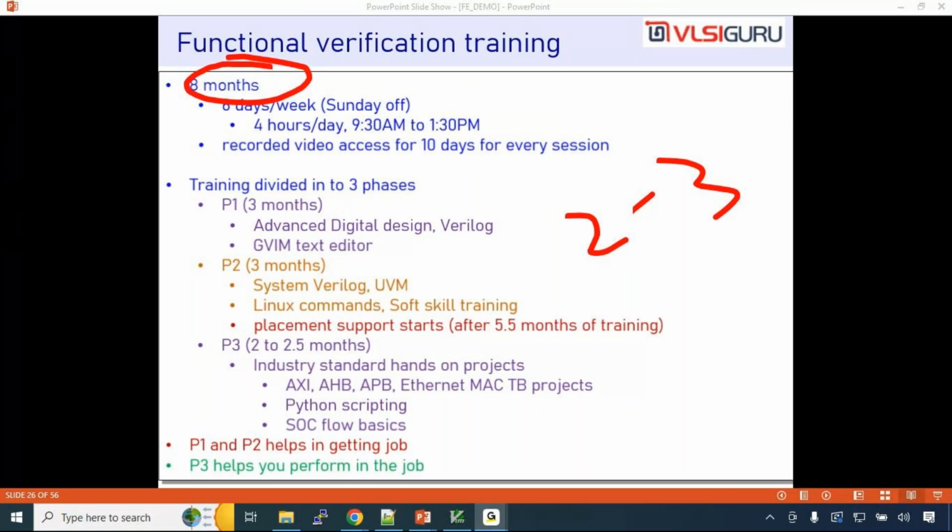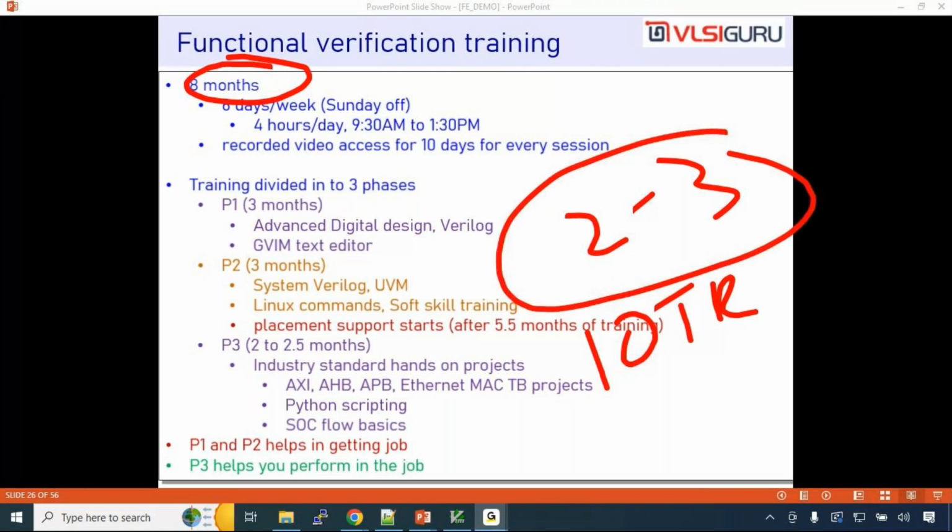We have planned in such a way that we have almost 10 training rooms, on the ground, second and third floors. It gives us enough space to run a batch even for 10 months. If I have to run one batch for 10 months, I don't have any space problem.